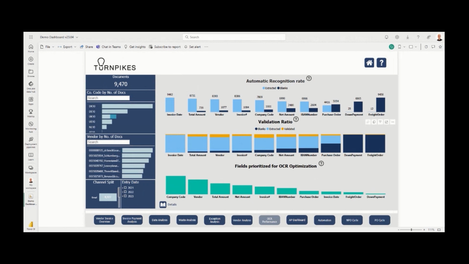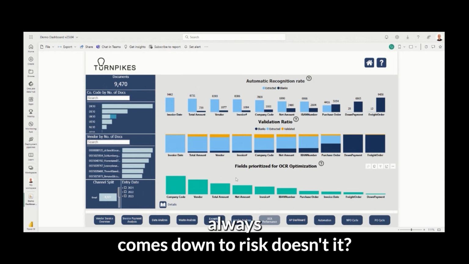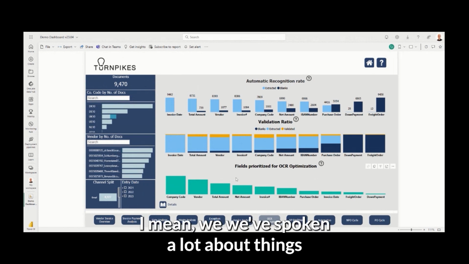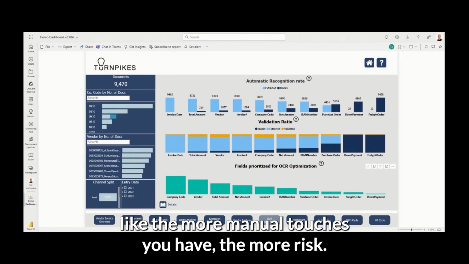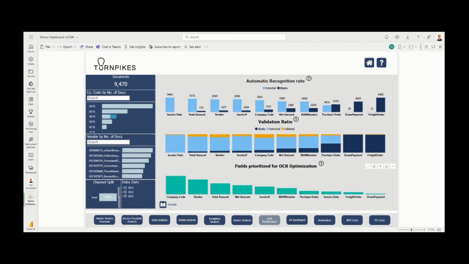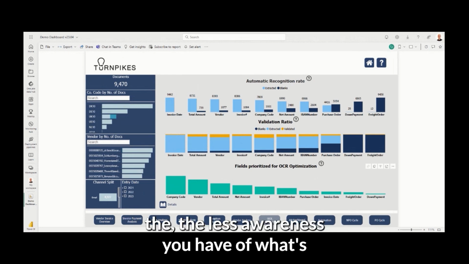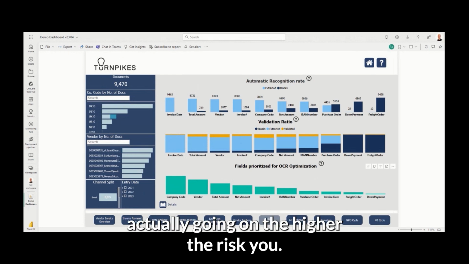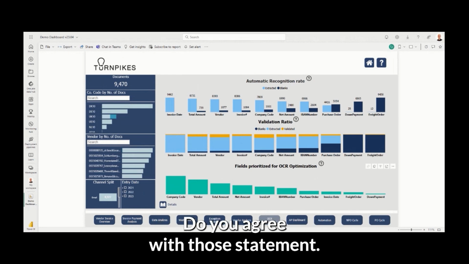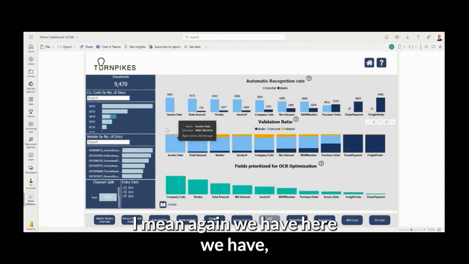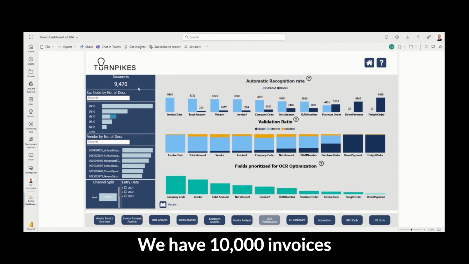Yeah. And all this comes down to risk, doesn't it? I mean, we've spoken a lot about things like the more manual touches you have, the more risk. The less awareness you have of what's actually going on, the higher the risk. Do you agree with those statements? Yeah, indeed. I mean, again, we have 10,000 invoices, and each invoice, if we do it manually in any shape or form, it does pose a challenge, right?